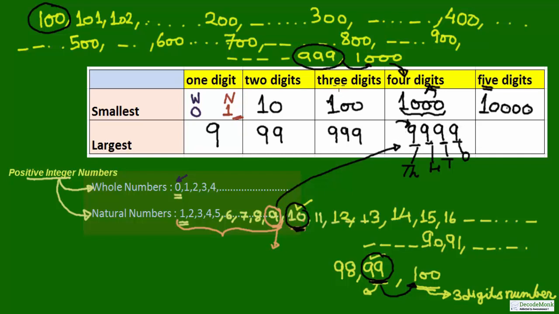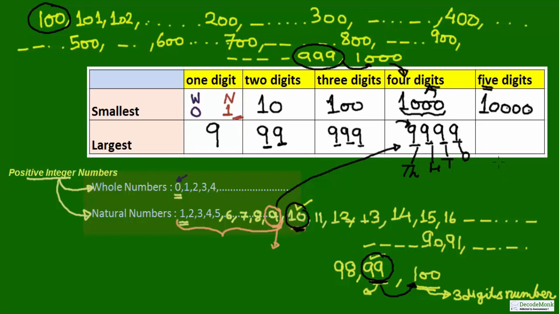We can arrive at the largest 3-digit number by putting in 9 at all the 3 place values. We can arrive at the largest 2-digit number, as because it's a 2-digit number, there will be 2 places, and we can have the largest value by putting 9 at the 2 places.